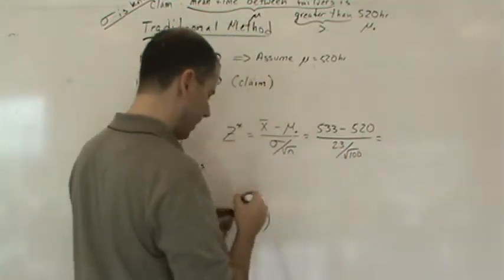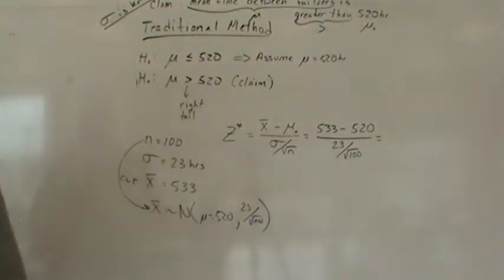So now, what do we get when we calculate that? Let's find out. 533 minus 520.